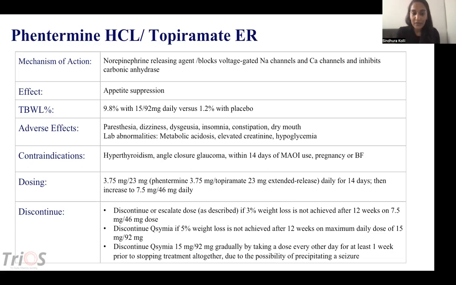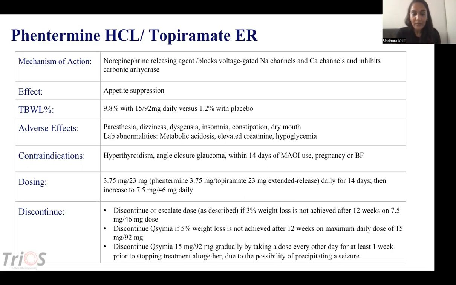When we look at the dosing, 3.75/23 milligram is the combo pill where we start off, and it's extended release daily for 14 days. Then you can increase to the next higher dosing of 7.5/46 milligrams daily.